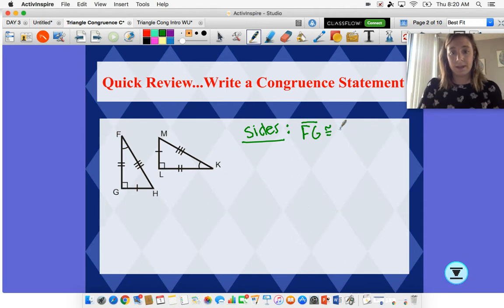This one, KL. I'm even going to put some color on it, so it makes it easier for us to talk about. Now my next one, GH, is congruent to LM.